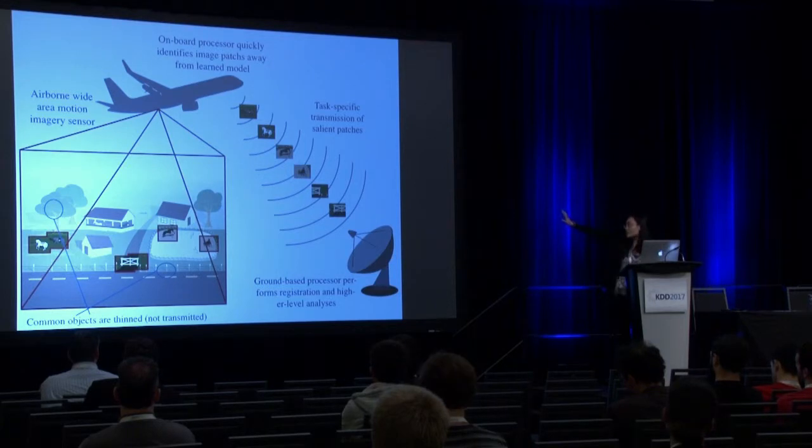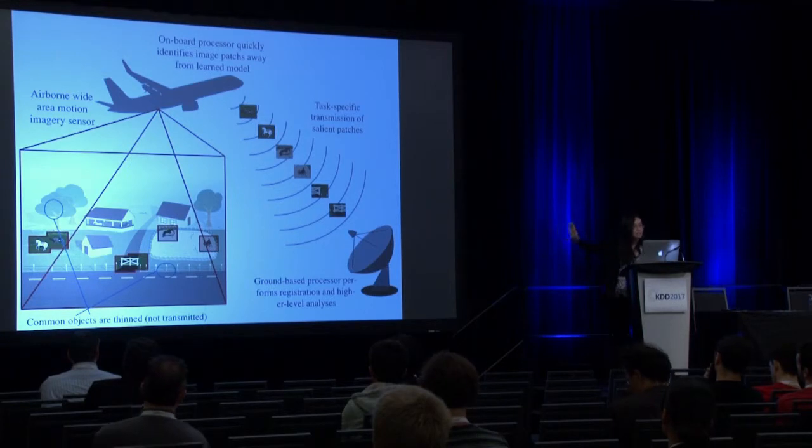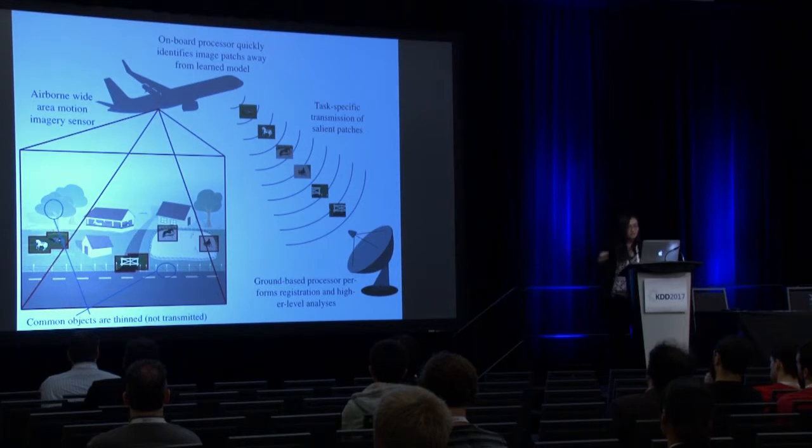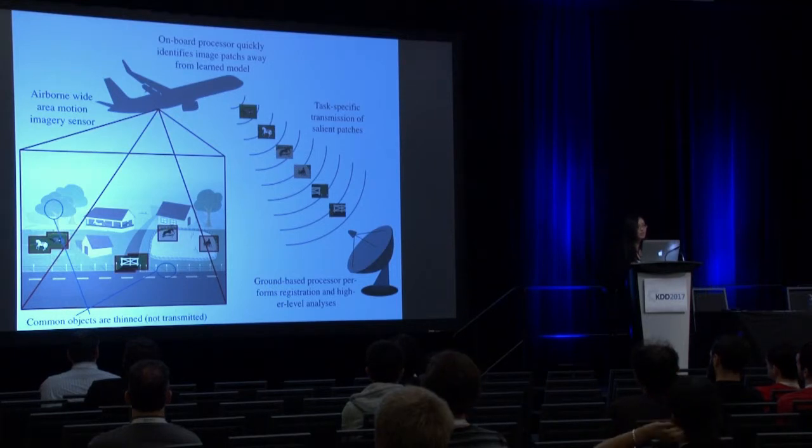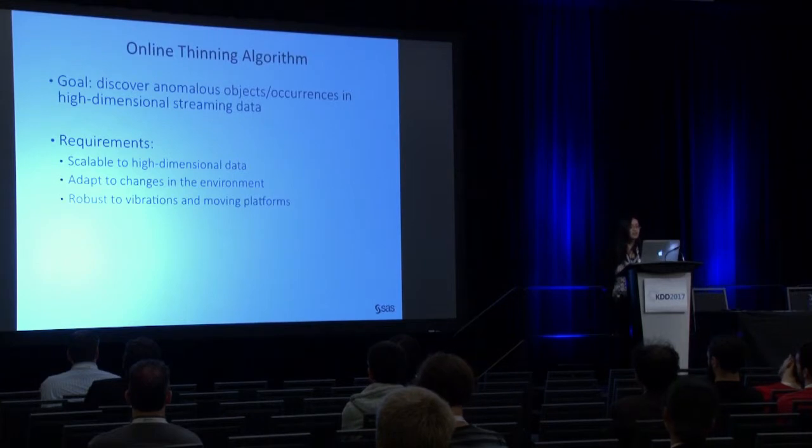For example, houses occur very often and trees are common, so you won't flag them as important or salient, and you would only transmit things like people, animals, and perhaps a strange-looking gate to the base. So it becomes data thinning: you're just trying to figure out what data is important. The goal here is to discover anomalous objects and occurrences in high-dimensional streaming data.